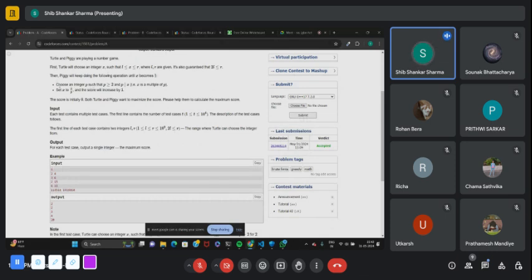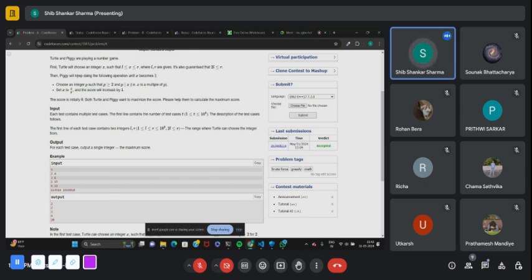Piggy will choose an integer p such that p is at least two and x is a multiple of p. Then set x to x by p, and the score will increase by 1.